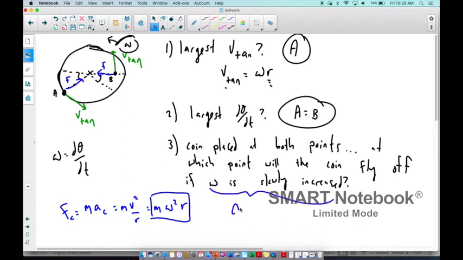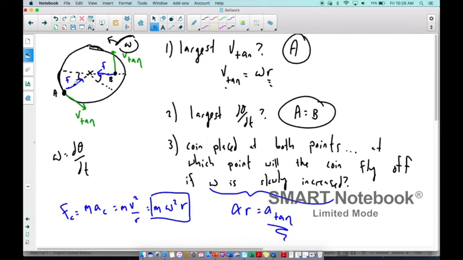We have radial acceleration, right? So these coins are not just going to have a centripetal acceleration, they're also going to have an acceleration this way to speed them up. Okay, so remember that's this expression. So now they're going to have a tangential acceleration and this radial acceleration.